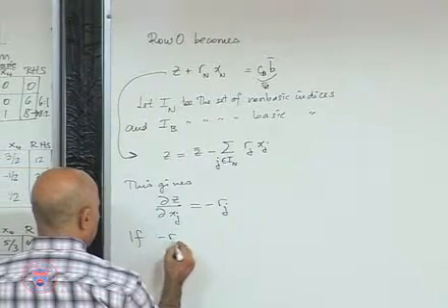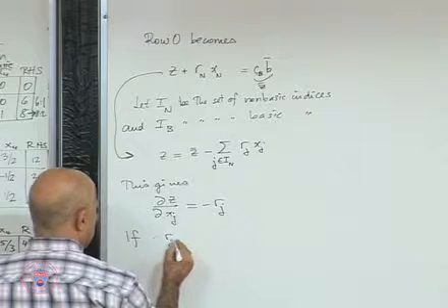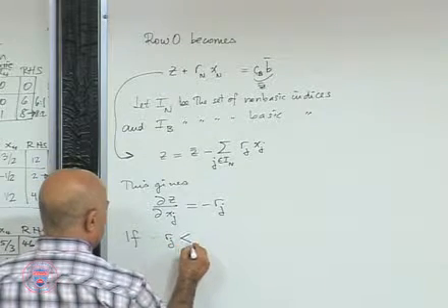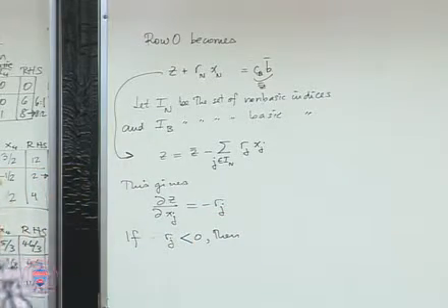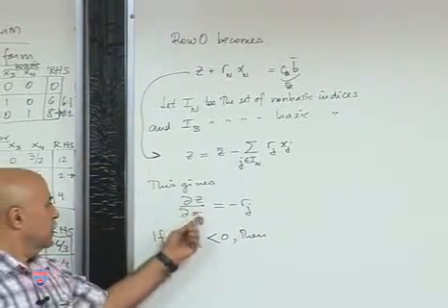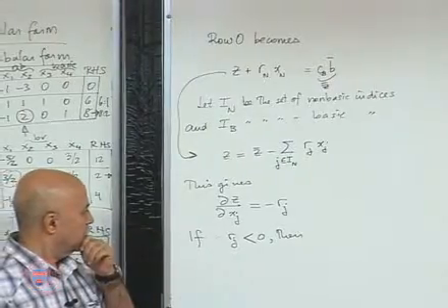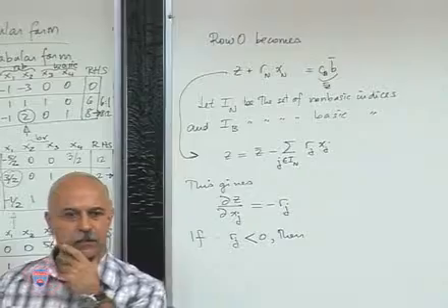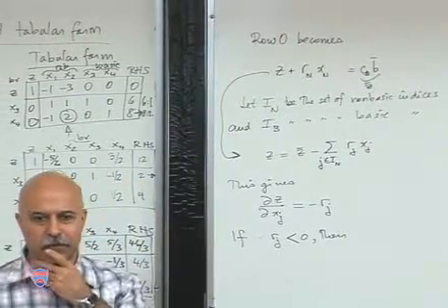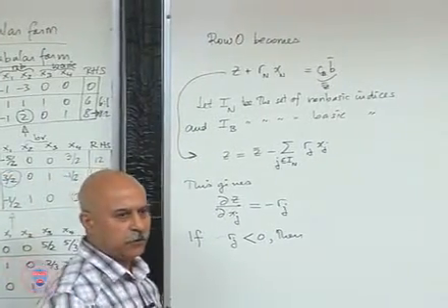If Rj is itself negative, then negative and negative will make positive, which means, of course, it's good to, what am I doing though? Did I write down a minimization or maximization? Minimization. So we're on a minimization problem.